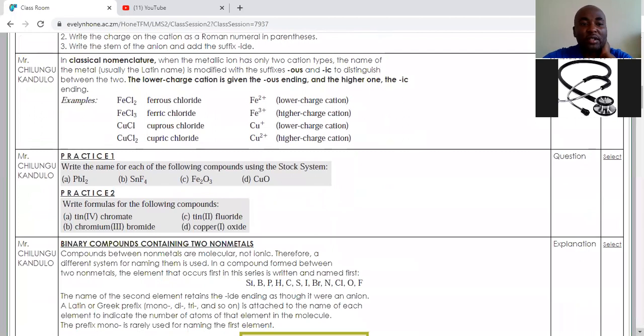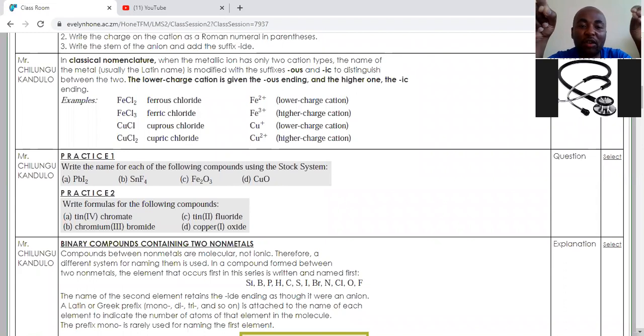So there is what is called classical nomenclature. You only learn about it because when you go into books, some authors still use classical nomenclature. But for our level, our expectation is for you to know the stock system. We want you to master the stock system.